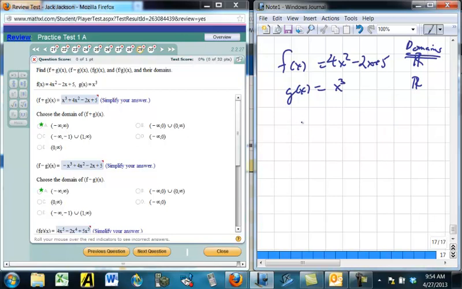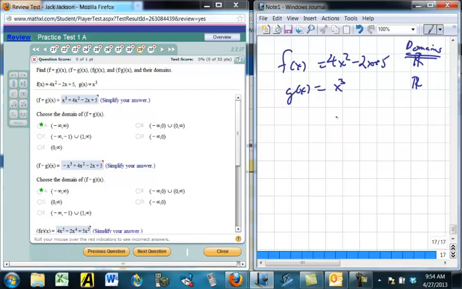So the first thing, if we're going to do any kind of combination here, we would have to overlap the domains. Well, the overlap or intersection of the domains is all reals. The only one that we have to worry about the domain then is going to be the division one.